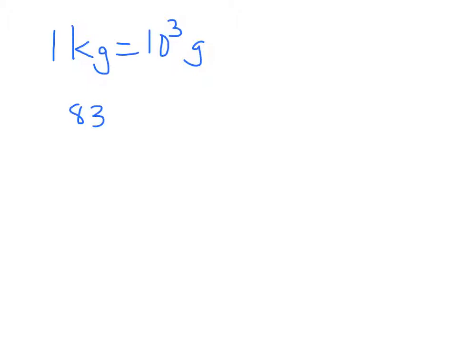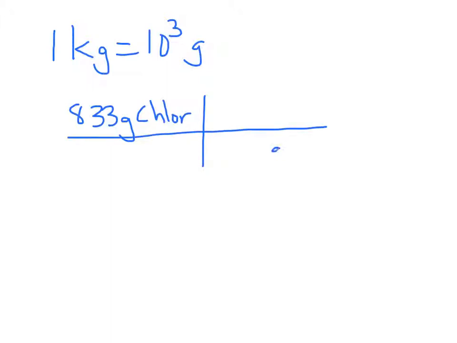So if I have 833 grams of chloroform, 1 kilogram is 10 to the third, or 1,000 grams, which means I have 0.833 kilograms.